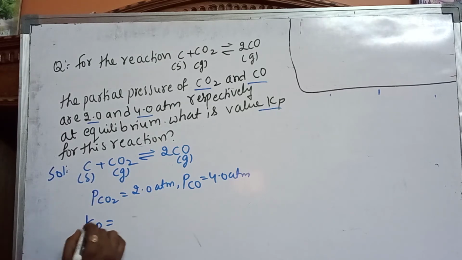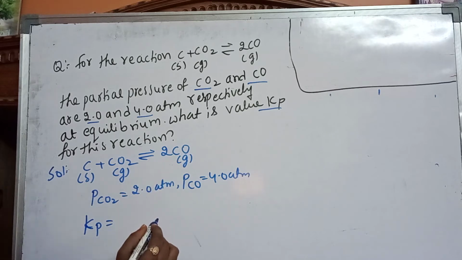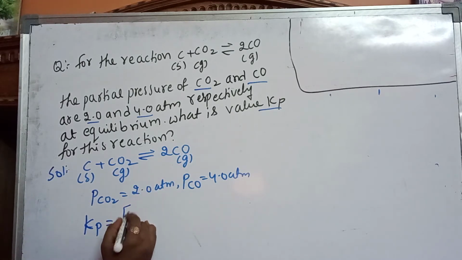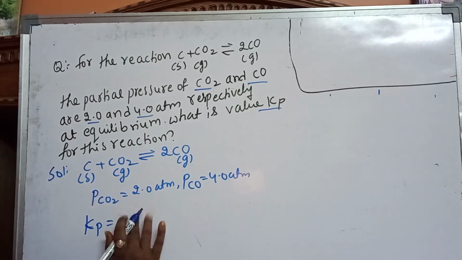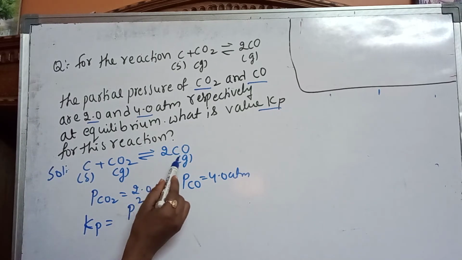What is the Kp formula here? The product is 2 moles of CO, present in gaseous state only. So the partial pressure of CO to the power of 2. Why 2 here? In this equation, the stoichiometric coefficient of CO is 2.